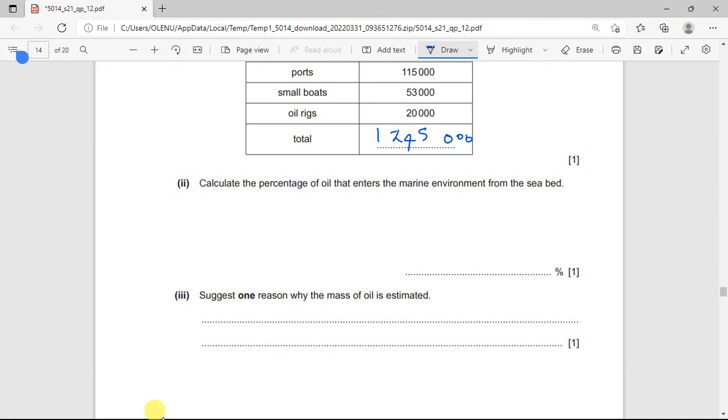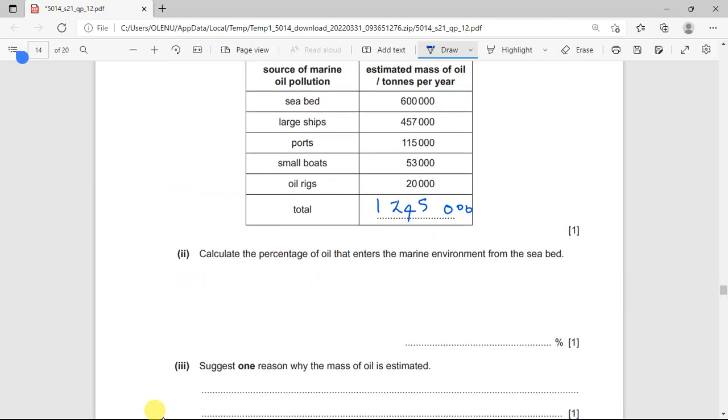Now they say calculate the percentage of oil that enters the marine environment from the seabed. Source of oil pollution, seabed, so that's 600,000.